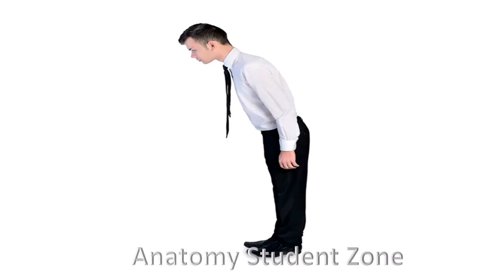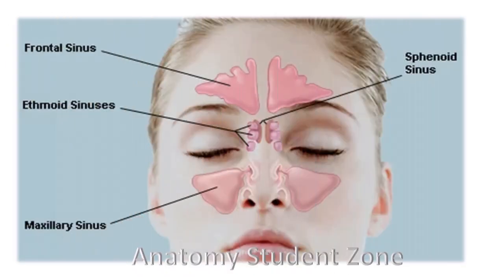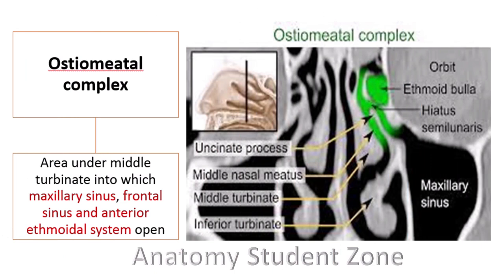So why does bending forward in this case worsen the symptoms of the patient? The paranasal sinuses, we know, are air-filled cavities, and they are connected to the nasal cavity by means of small openings or ostia. Whenever the osteomeatal complex, which is formed by the middle meatus, hiatus semilunaris, ethmoidal bulla, and uncinate process, is obstructed, it causes pressure changes.